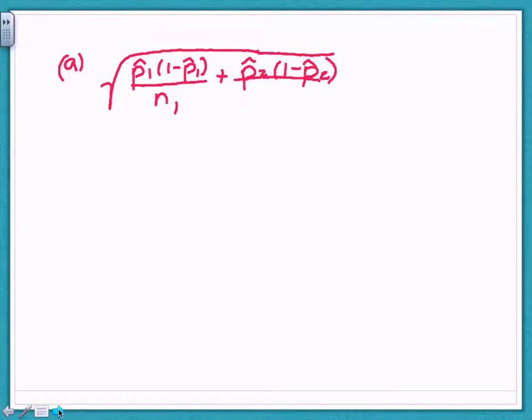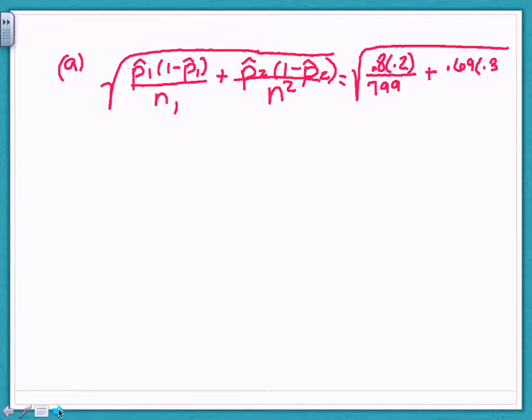So sample 1 was 80% of teens, and there were 799 teens, versus 69% of adults, and there were 2,253 adults.